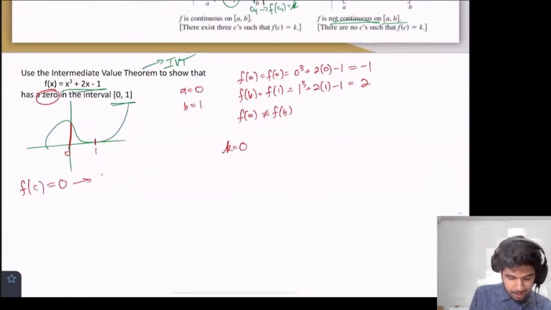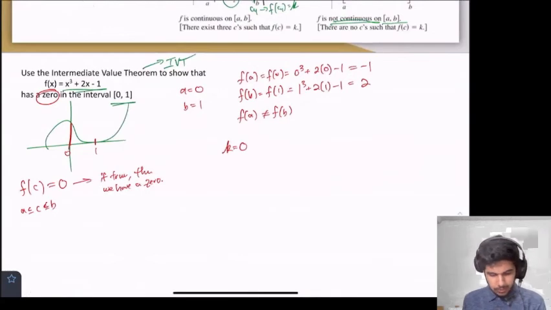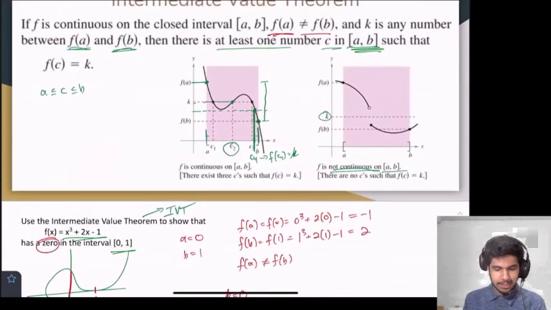If this is true, then we have a 0, just by the definition of what a 0 is. And this is where a is less than or equal to c less than or equal to b. So now we'll just say that k equals 0, right?